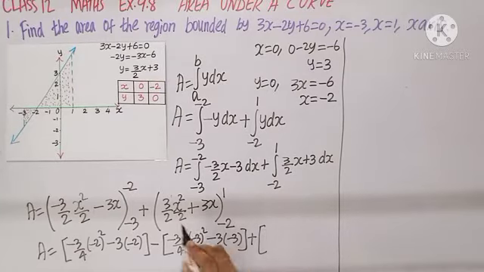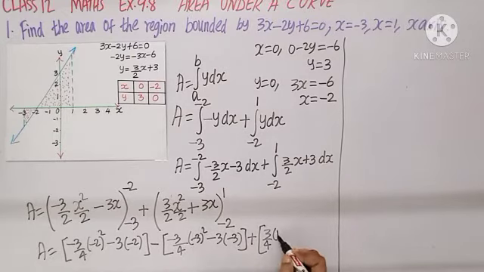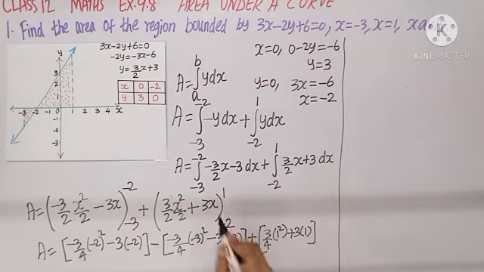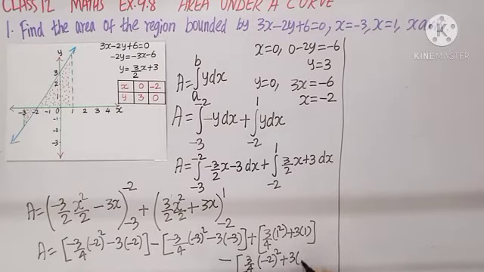Plus, now wherever x comes, I should put 1. So it is 3 by 4 x square plus 3 into 1, minus, wherever x is coming, put minus 2. So remember, upper limit minus lower limit. It is 3 by 4 into minus 2 square plus 3 into minus 2.